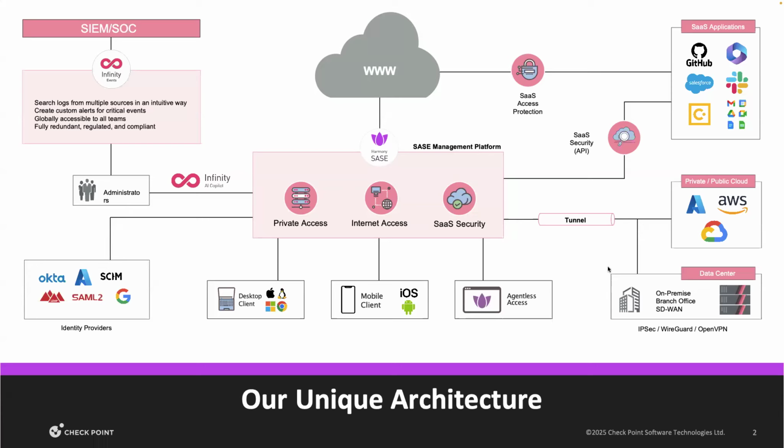Now, when we look at connectivity, we have a couple of different ways that we can do it. When we look at connecting into the infrastructure, the first one is going to be an IPsec tunnel. What that will do is create a tunnel between our SASE cloud and your on-premise system, be it a data center or cloud infrastructure. The other one is going to be WireGuard.